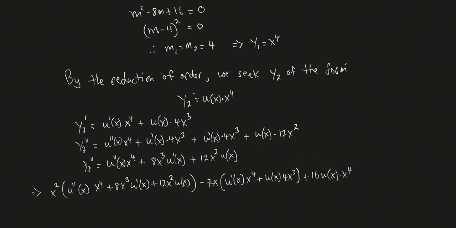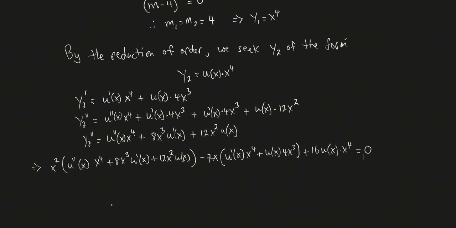If this is going to satisfy the differential equation, since it's a homogeneous equation, we would want all of this to be the 0 function. It would have to be identically equal to 0.